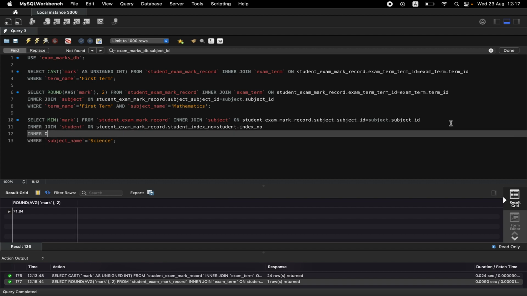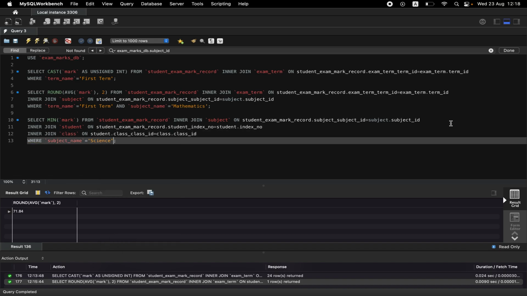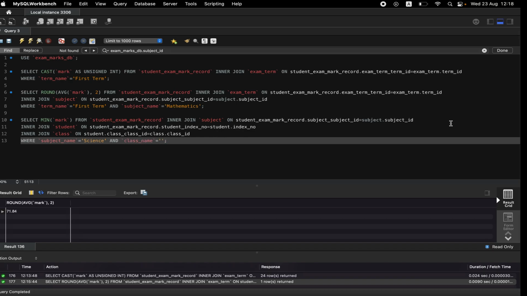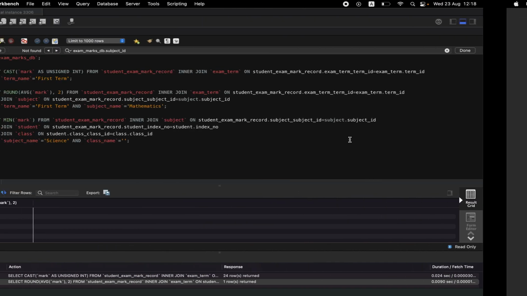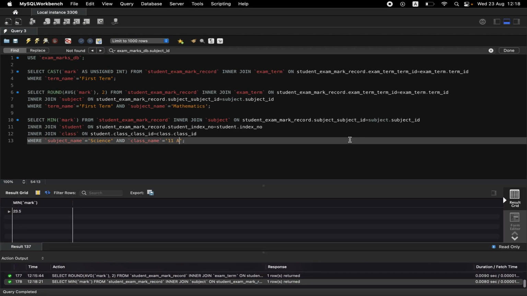Now we can get the class table, class on student table class id equals to class dot class id, and here we can now give the class name. It is 11A. So the answer is 23.5.